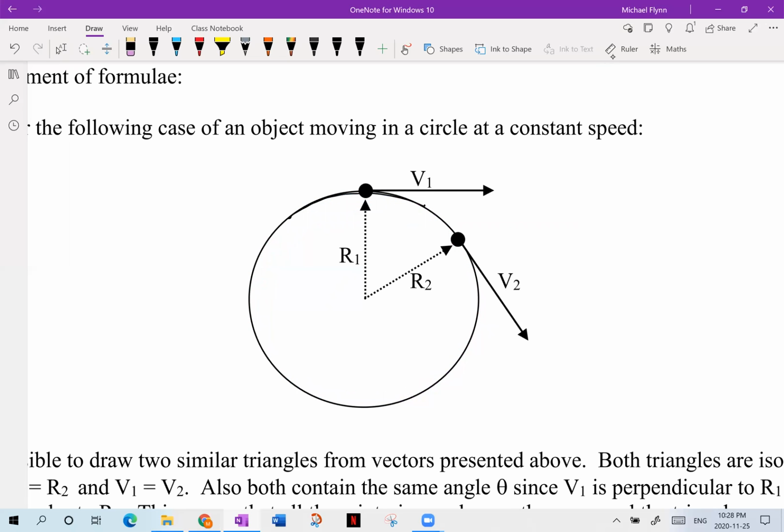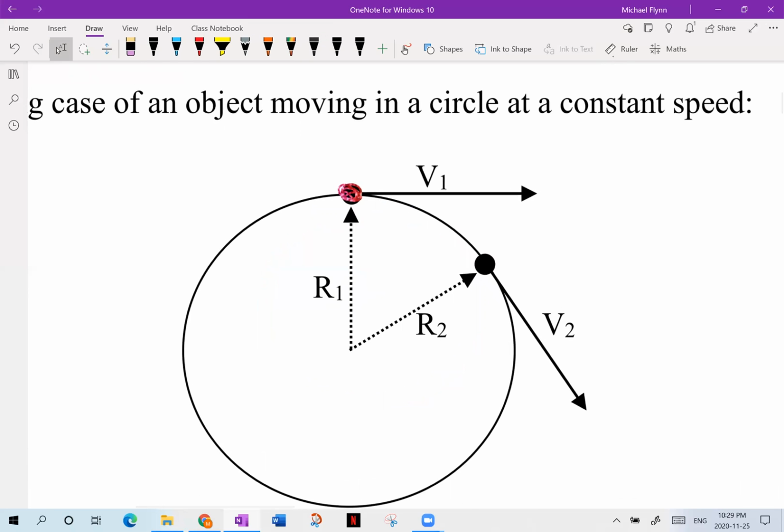And the idea when you move in a circle is that at any given moment, let's say we take a snapshot of the object, when it's right here at the top of the circle. At that instant, it's actually moving this way, so it's moving to the right at that instant. At any point in the circle, it's moving in a direction like this.